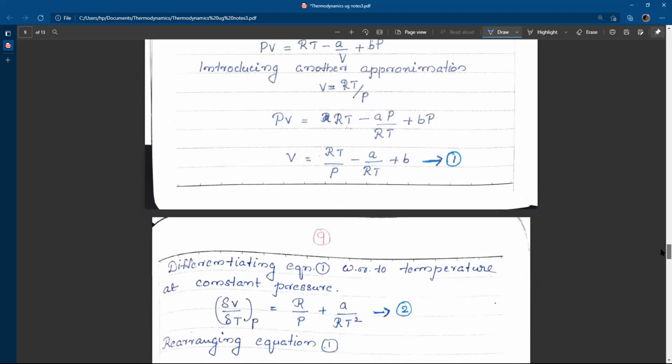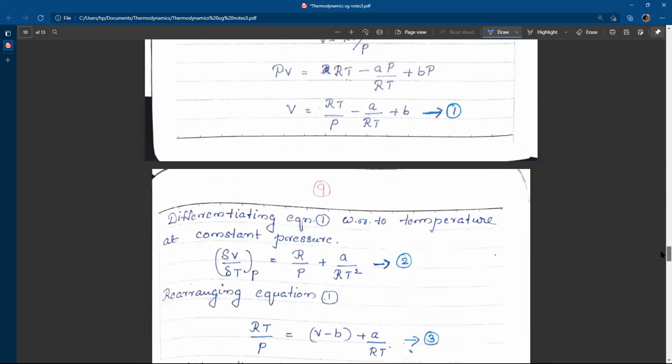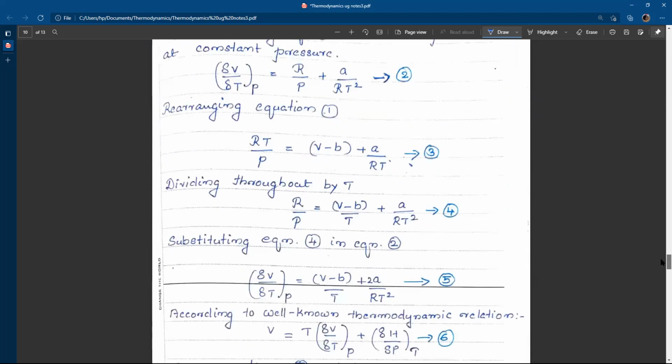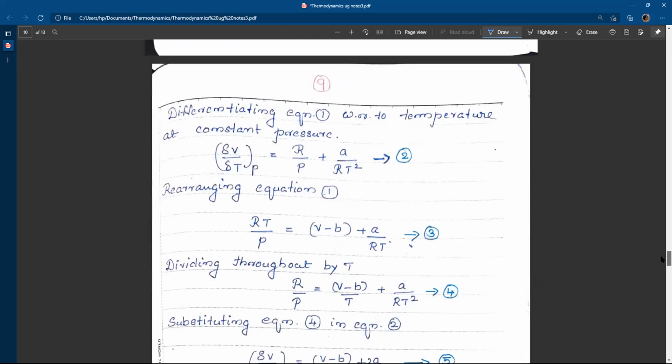Differentiating this equation with respect to temperature at constant pressure, (∂V/∂T) at constant pressure is equal to R/P + a/RT². Differentiate and we are rearranging this equation. RT/P = V − b + a/RT.